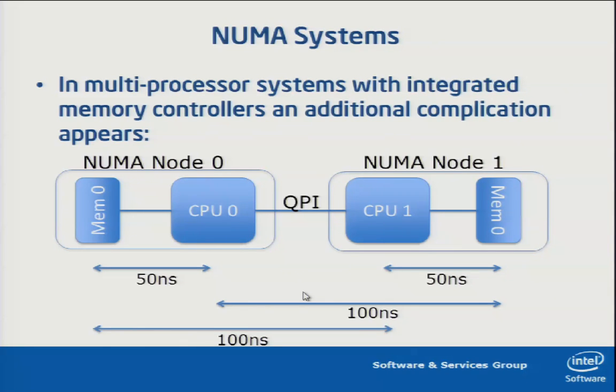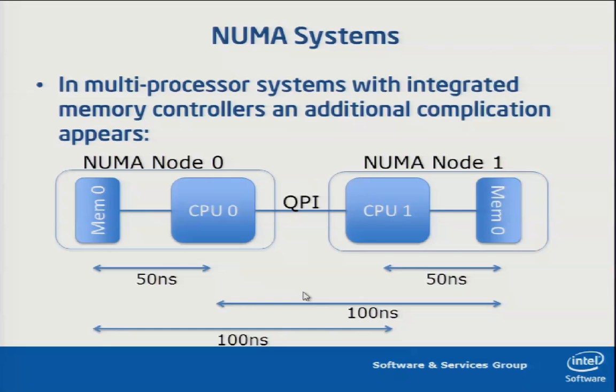Okay. Now, the problem with that is that if you have two CPUs, now we have two memory controllers. And quite obviously, each memory controller controls its own piece of memory. So the left memory controller would control memory 0, and the CPU 1 memory controller would control memory 1.